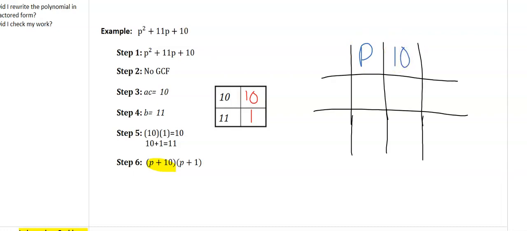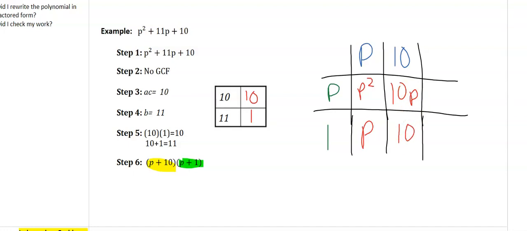And I'm going to take my p plus 1 and plug it on the side, p and 1. And now I can go ahead and multiply. So I have p times p is p squared. I have p times 1, which is just p. I have 10 times p, which is 10p. And we have 10 times 1, which is 10.